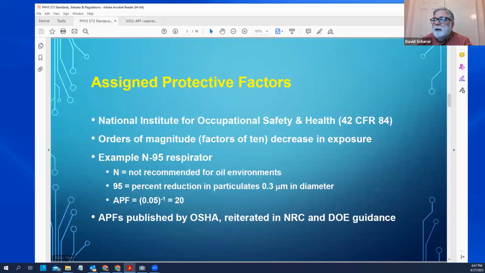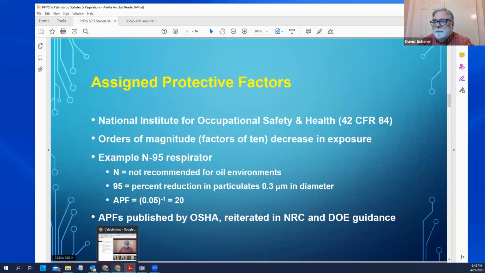They're published by OSHA, and the regulations for radiation control, either for the NRC or for the Department of Energy, also reiterate what these approved protective factors are, so you don't have to go look elsewhere for them.